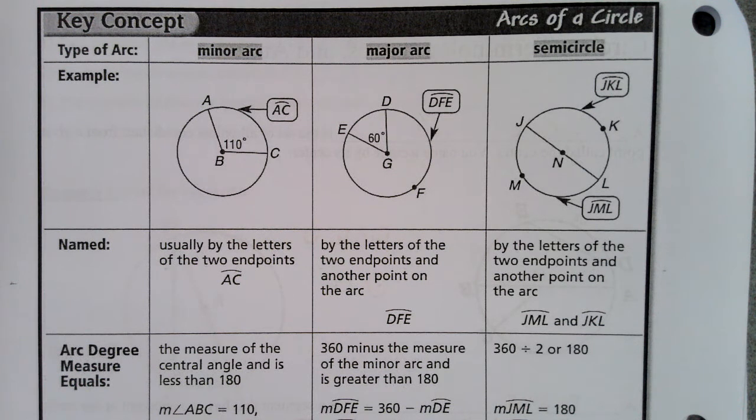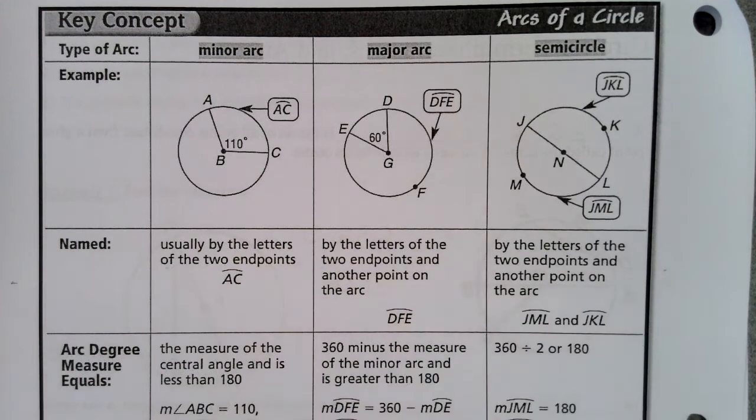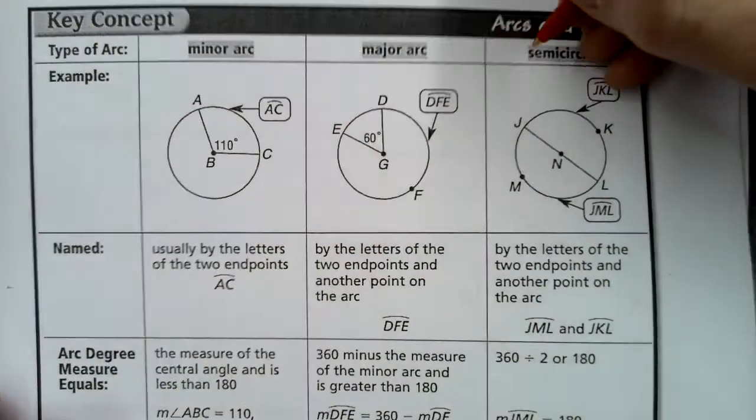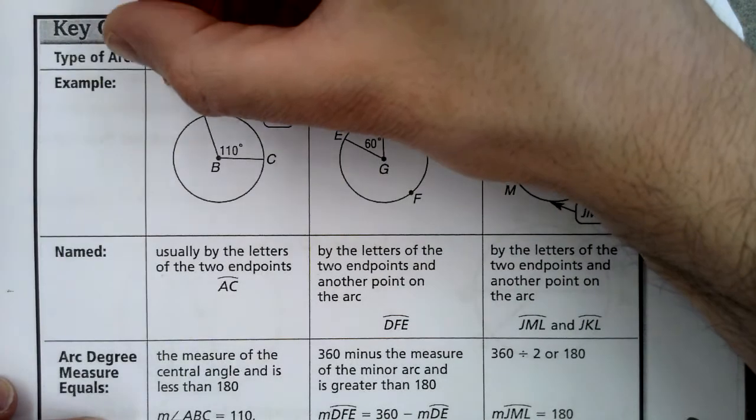Now you usually name these with two endpoints, but you could also use more than two letters. Normally you use two letters for minor arcs. But what you have to know is that they are less than 180. I'll put that right here.